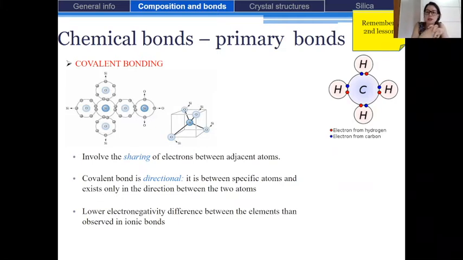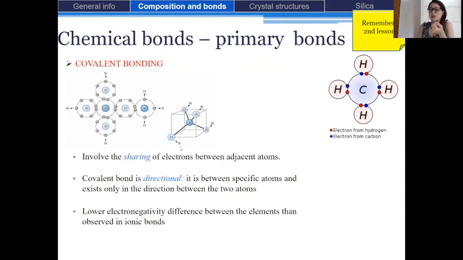So during the second lesson, we gave the example of methane. So we have one atom of carbon with 4 atoms of hydrogen, and each hydrogen will share 1 electron with the carbon atom to create a covalent bond. But this kind of molecule is not part of a ceramic classification.